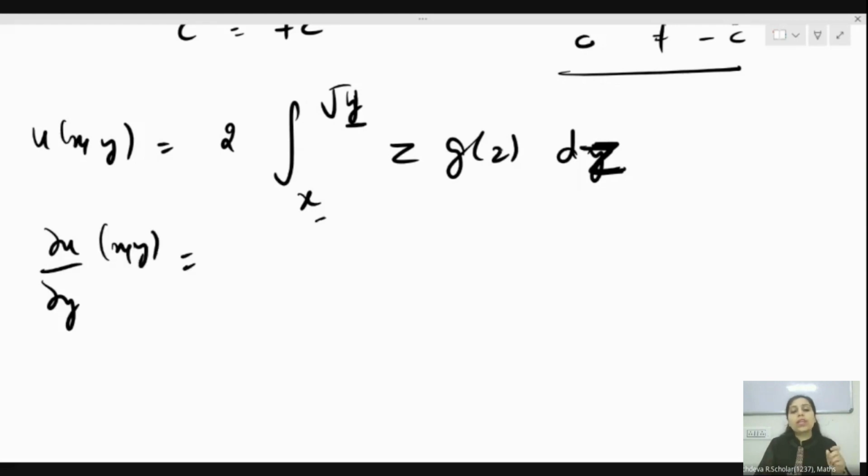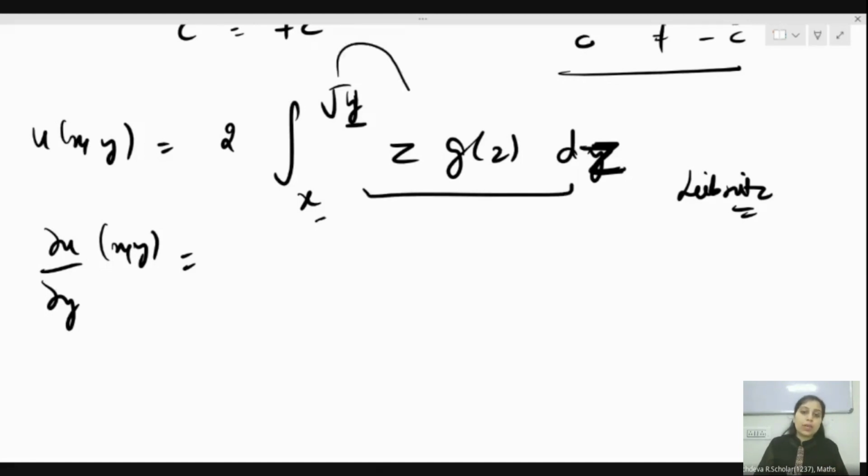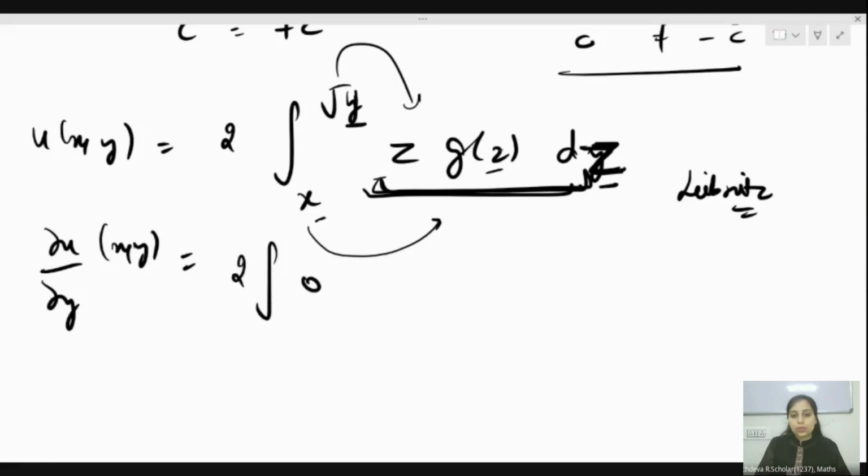So here we can use Leibniz rule for taking the derivative under the integration. What does the rule say? Just do the derivative with respect to y inside, then put upper limit minus lower limit in place of z. When we do the derivative with respect to y, this will be 0 because this function does not contain y. So the first step is 0.